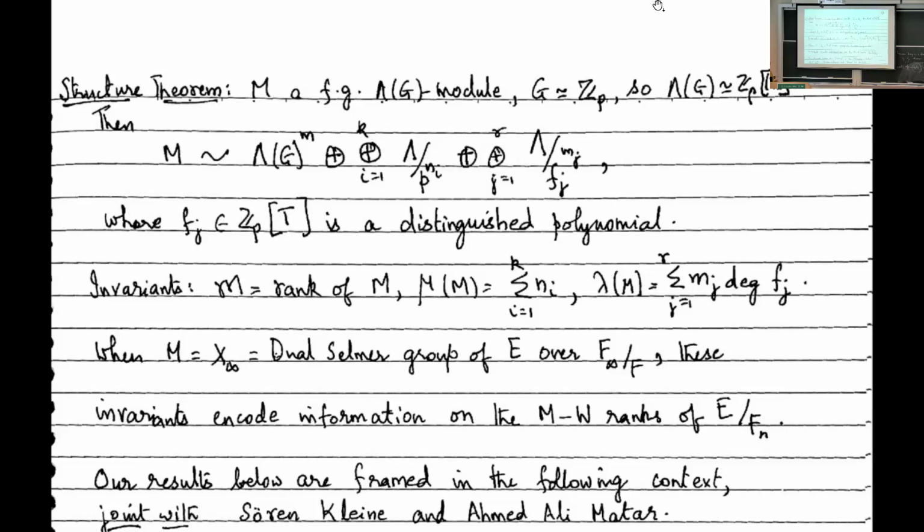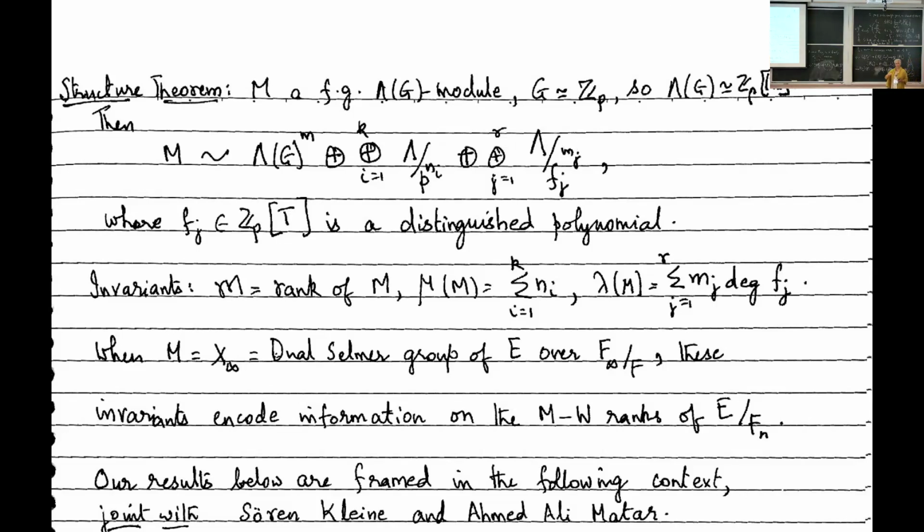Okay, so these are important invariants, and what they do is they really encode information about the Mordell-Weil ranks as you climb up the tower. So you have this tower, and the Iwasawa algebra is defined with respect to this Galois group. If I understand these invariants, they provide information on the ranks of the Mordell-Weil groups as I climb up this tower.